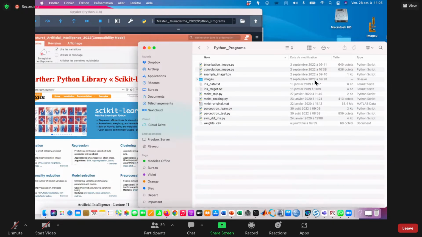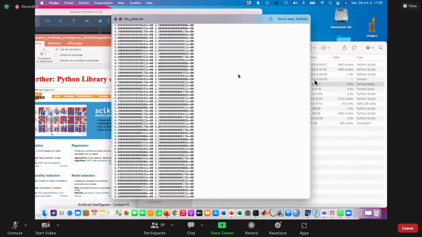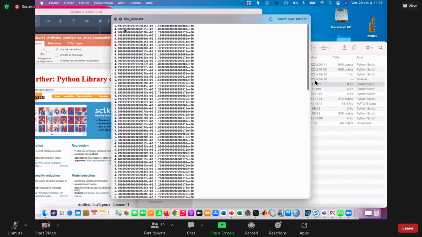Here I am using the database from Iris. If you look at it, you have some values, and what does this table mean?